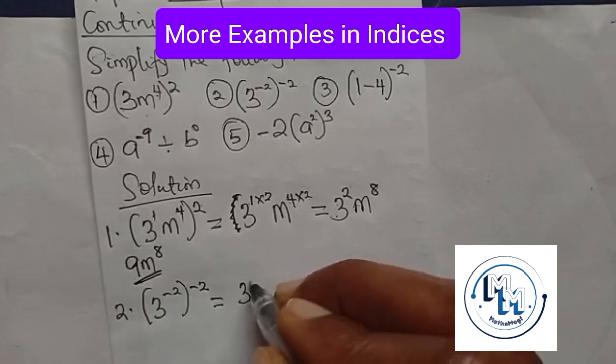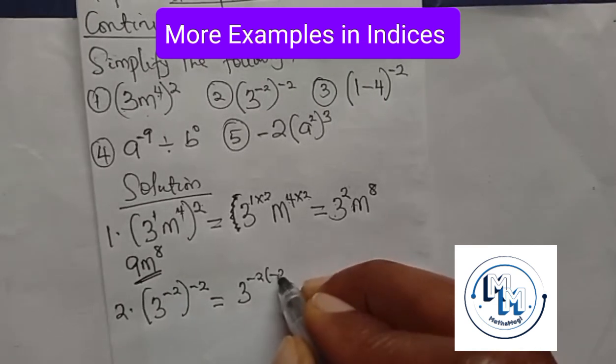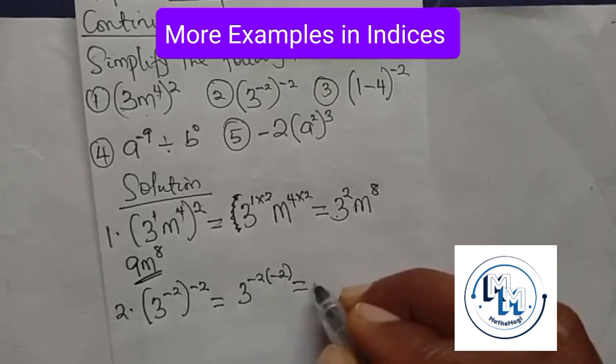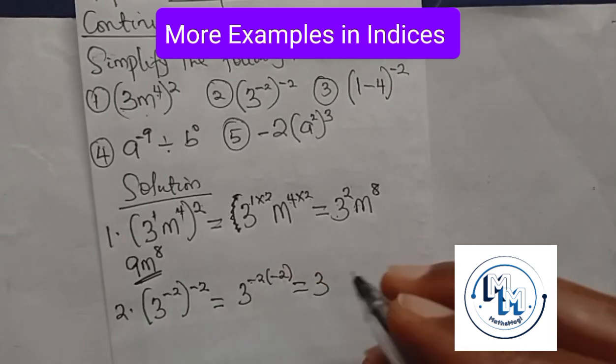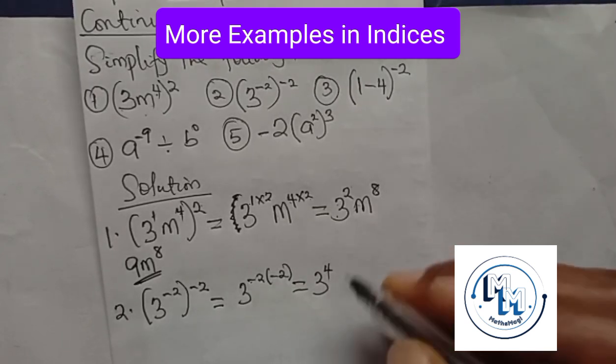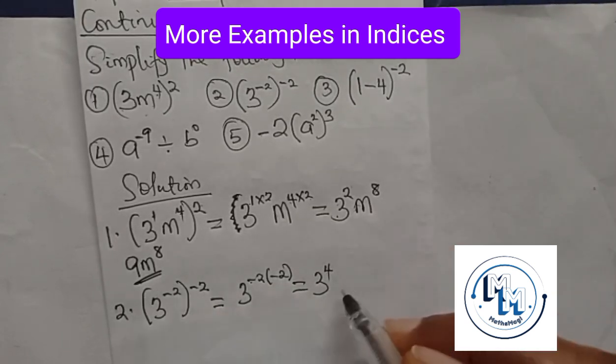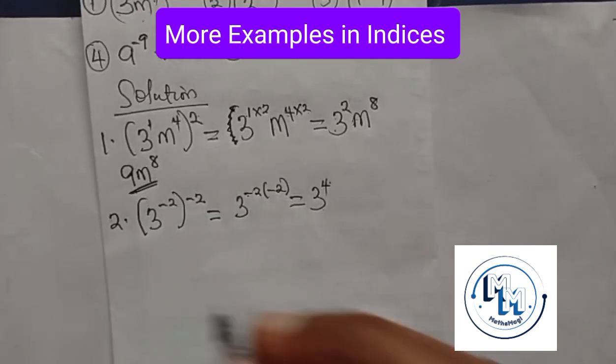I have minus 2 multiplying another minus 2, which is going to be 4. So that means this is now 3 power 4. Are we following?